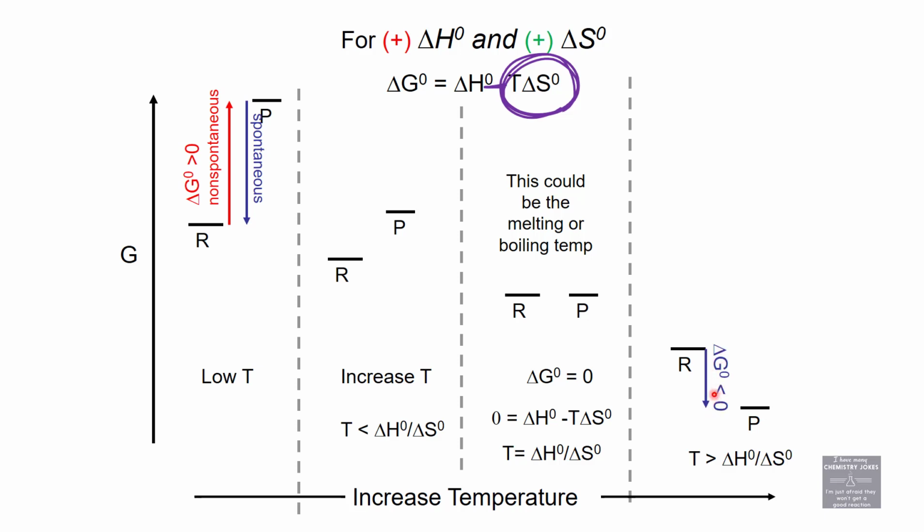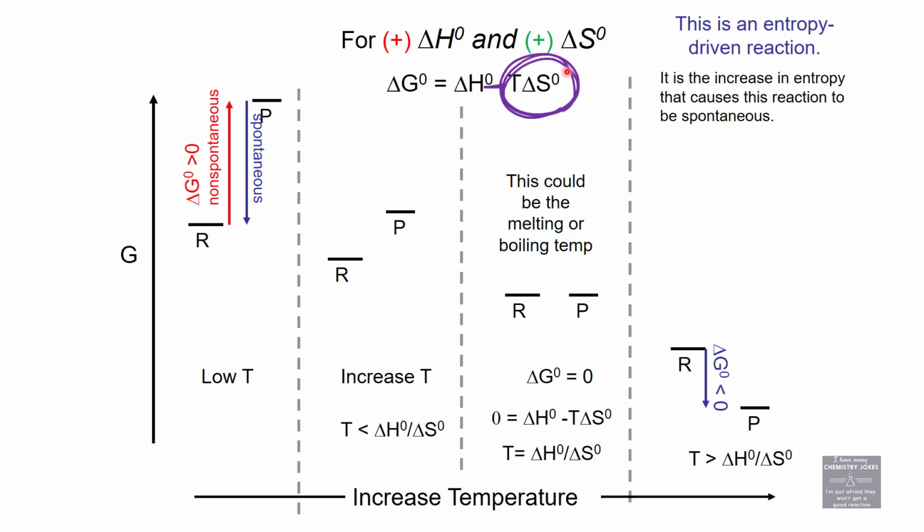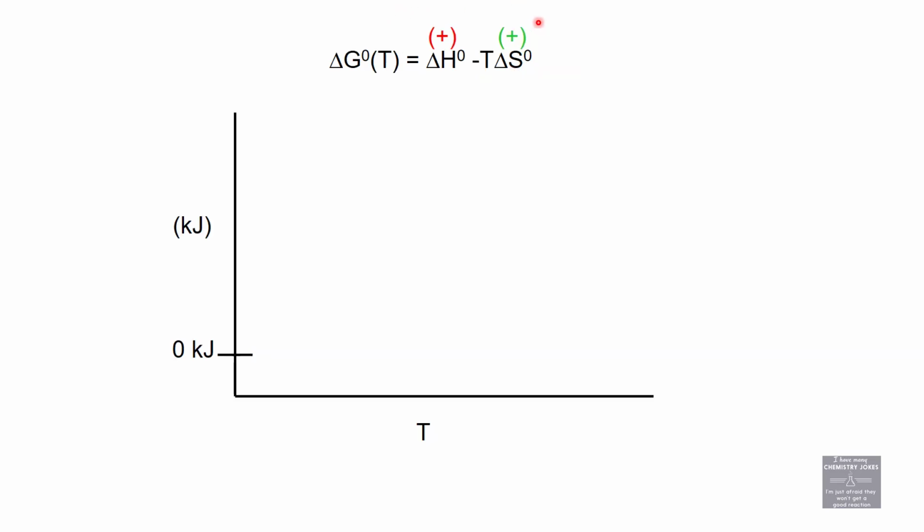It is spontaneous once our temperature gets to a high enough level. We say this reaction is entropy driven because it's when this term gets large enough that G becomes negative. And so raising the temperature causes this term to get bigger and bigger, causing this reaction to be spontaneous once you reach a high enough temperature.